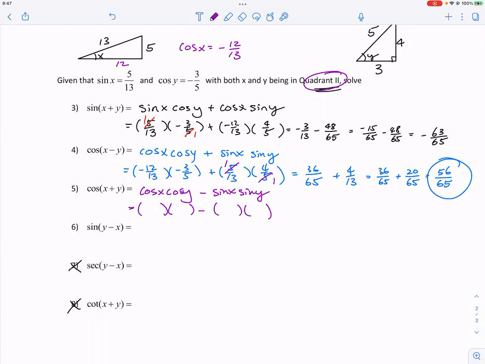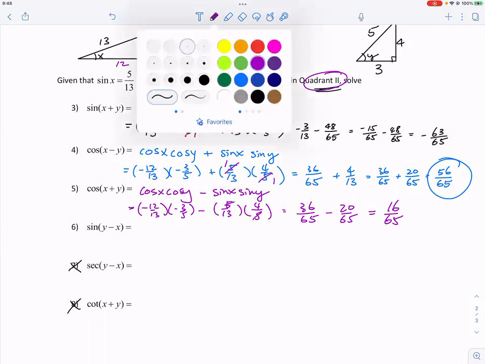Basically it's like the previous one, except that it is a subtraction rather than an addition. So you've got 16 over 65 as the answer.